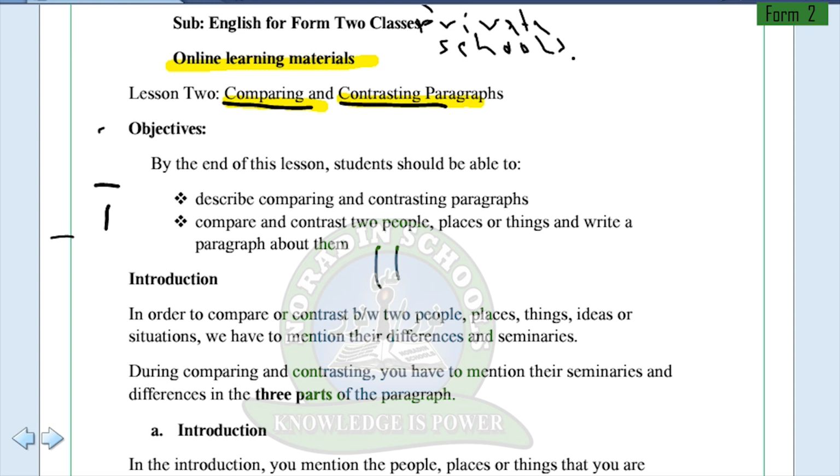At the end of this lesson, I want you to be able to describe, compare, and contrast paragraphs. The second objective which I want you to master is to compare and contrast two people, two places, two things, or ideas, and write about them.